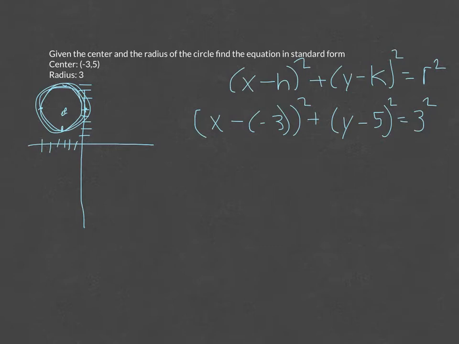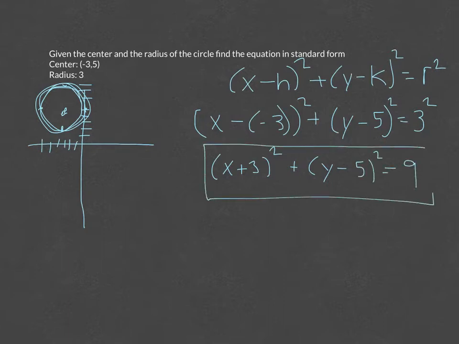So I just put all the pieces directly into the equation. So we end up here with (x plus 3) squared plus (y minus 5) squared equals 9. And this is our equation in standard form.